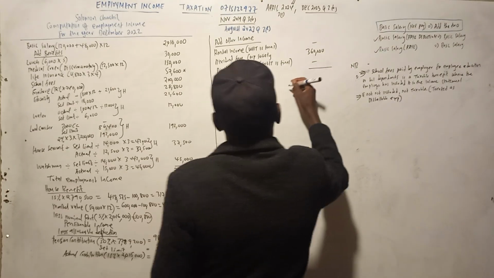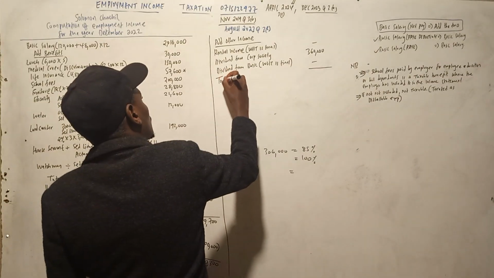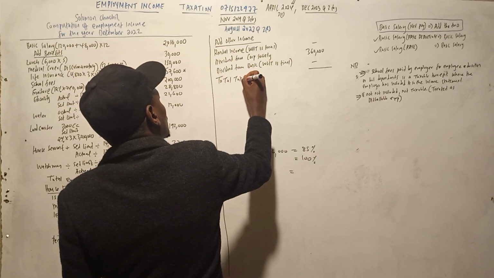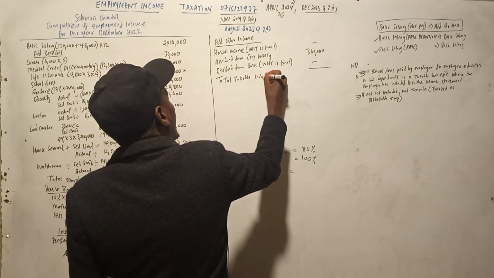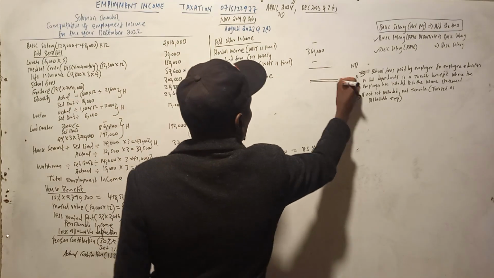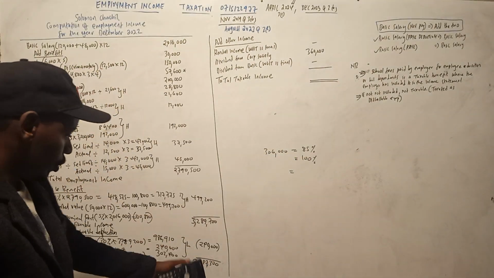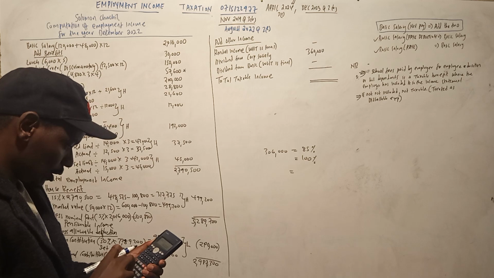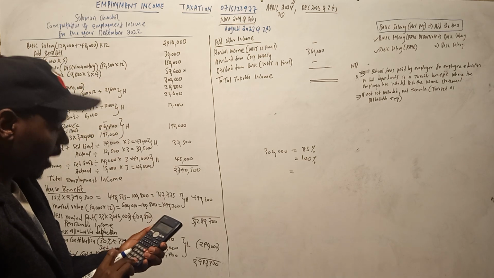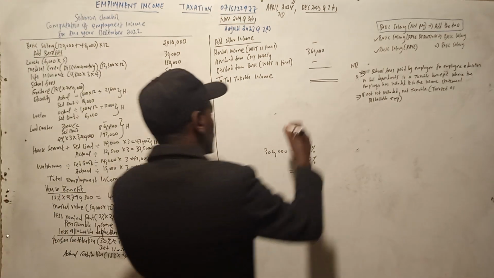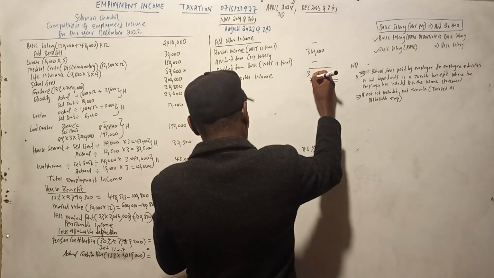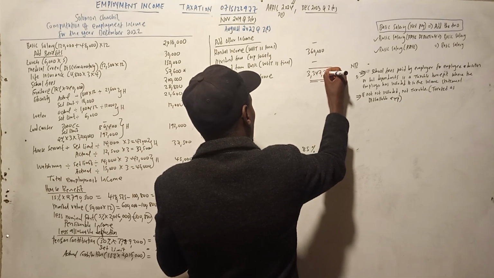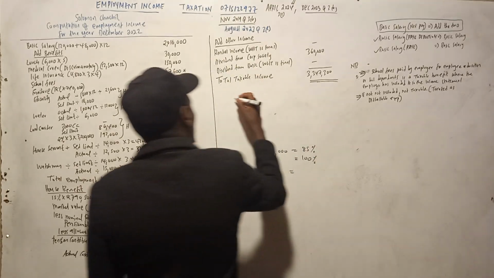So you put it aside, and we get the total taxable income. So total taxable income, we take this one, 2,987,300, and we add 360,000. So it is 3,347,300. So tax payable.